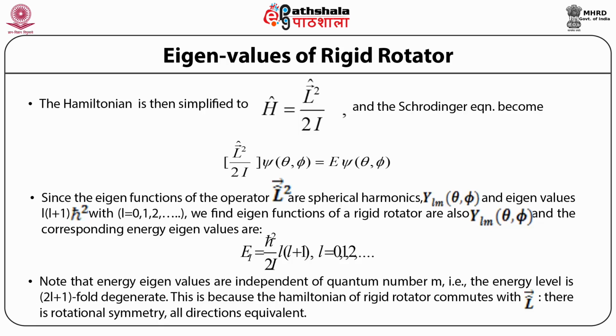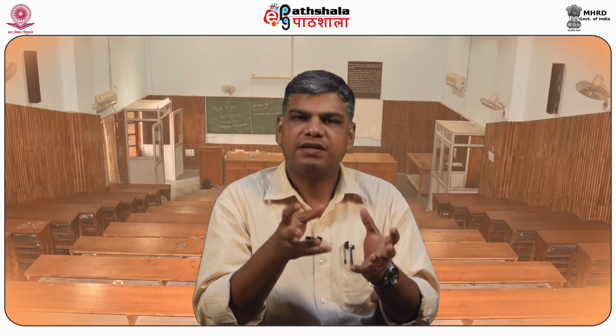That means there can be 2L plus 1 different m values for each of the L values. And this is because the Hamiltonian of the rigid rotator commutes with the orbital angular momentum operator L, and thus one can see that there is rotational symmetry and all the directions are equivalent.